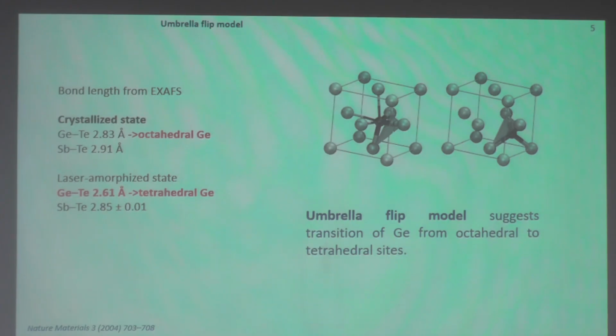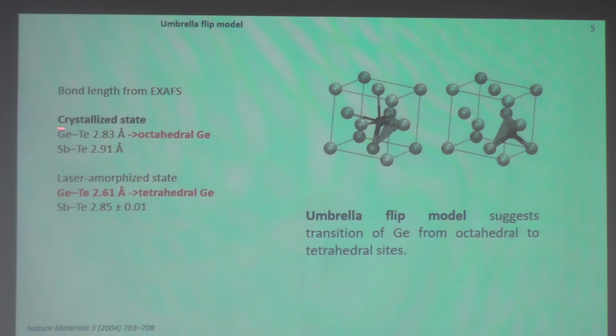We know that in the crystalline state such bonds also exist. What they found is that in the laser-amorphized state there are two types of bonds, germanium-tellurium and antimony-tellurium. The antimony-tellurium bonds are a little bit longer compared to the germanium-tellurium bonds. They also studied the crystallized state, and there are also two types of bonds there. They are a little bit different, but not so much.